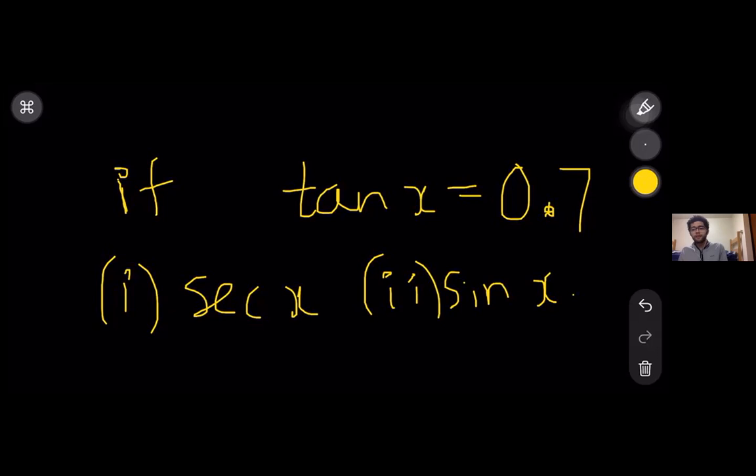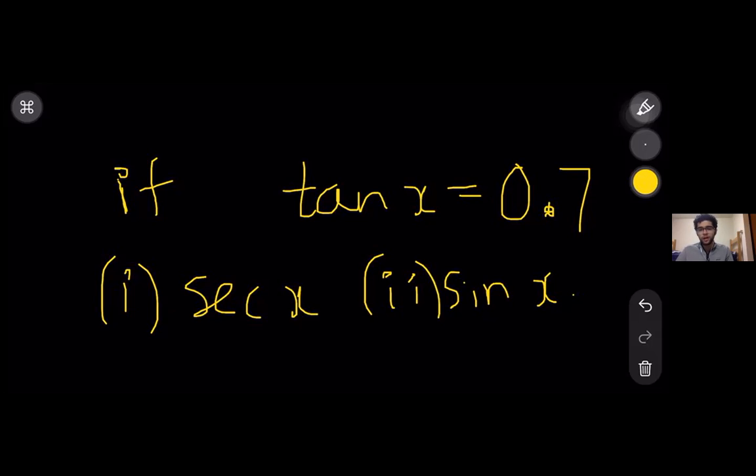Yep, good. You can use a calculator. You can give me the first 2-3 decimal places if you have a calculator. Otherwise, you can just leave it in square root form. I would like everybody to be able to get the value for secant x. Okay, 2 people have gotten it so far. It's correct, whatever you guys have gotten.